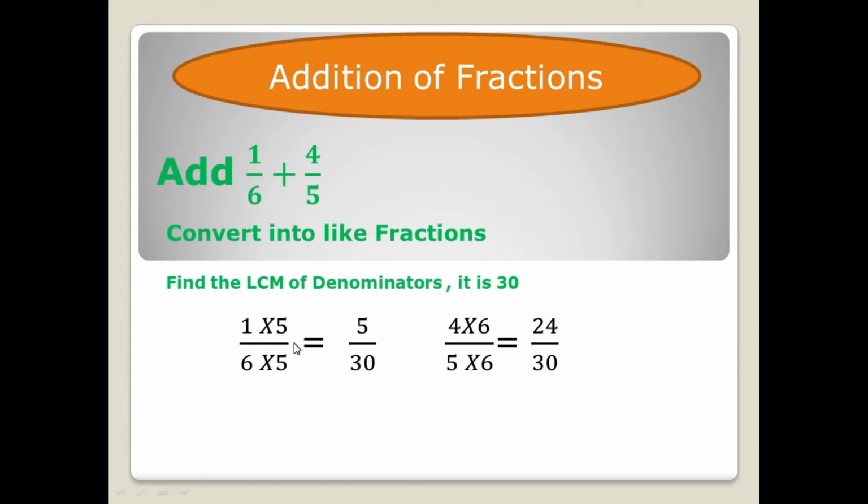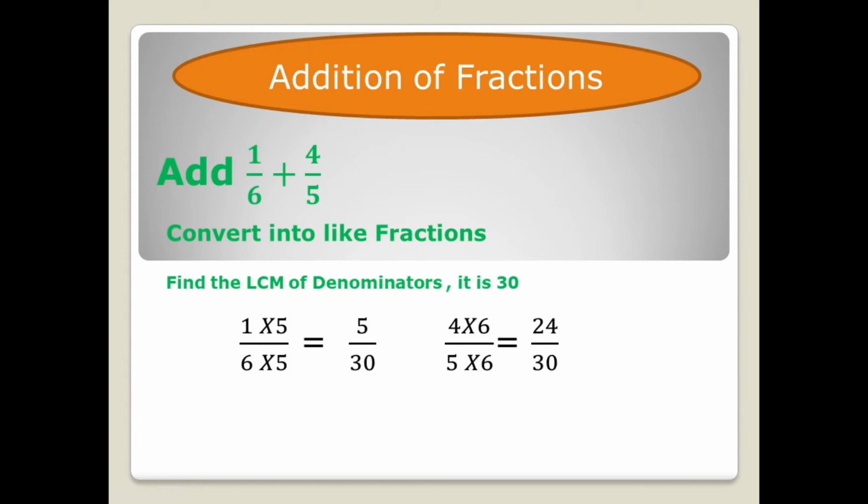Why do we multiply 1 with 5? Because we multiplied the denominator by 5, so we have to multiply the numerator with the same figure. We are changing the face of the fraction, but the real value remains the same. Similarly, we will convert 4 over 5 into a like fraction.